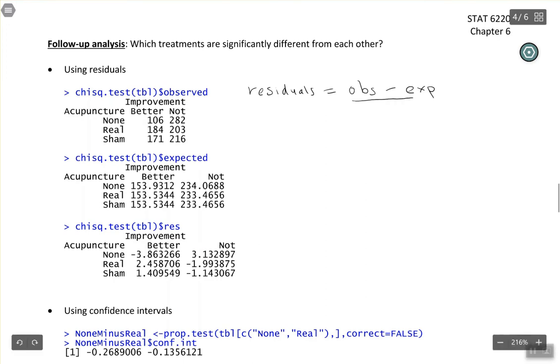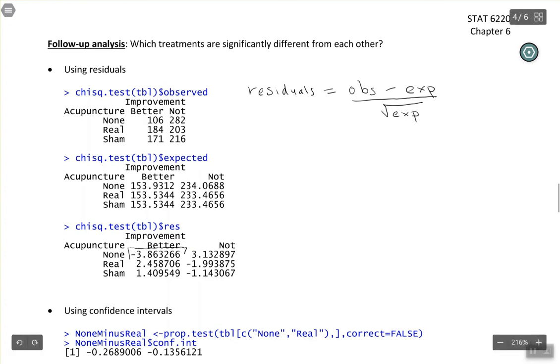But we are going to do a kind of standardization: we're going to divide that by the square root of the expected count. You can think about how this connects to the chi-squared statistic. It's like each term of the chi-squared statistic, the square root of that, with a positive or a negative sign.